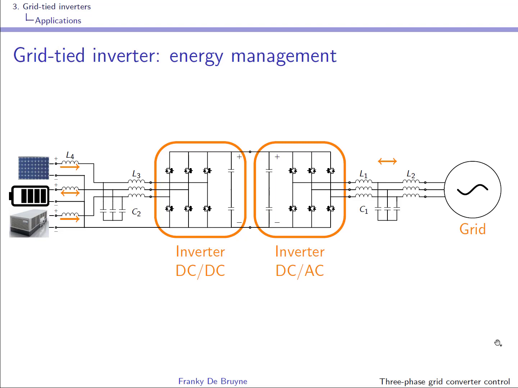There is a voltage control loop in the grid-tied inverter, and its job is to maintain the DC bus voltage at a prescribed set point. When the DC bus voltage is going to increase, this DC bus control loop will react by injecting power into the grid in order to make sure that this DC bus voltage comes back to its prescribed set point.